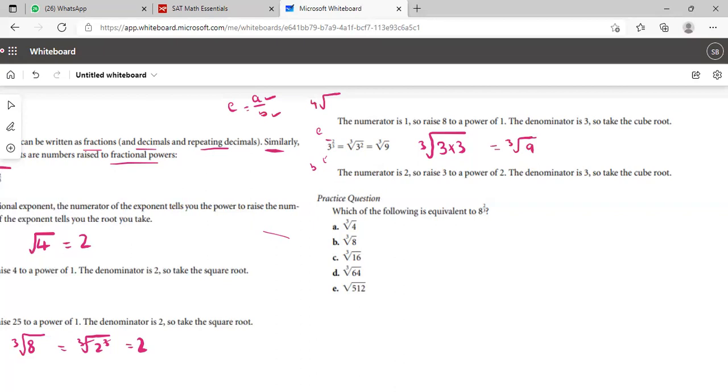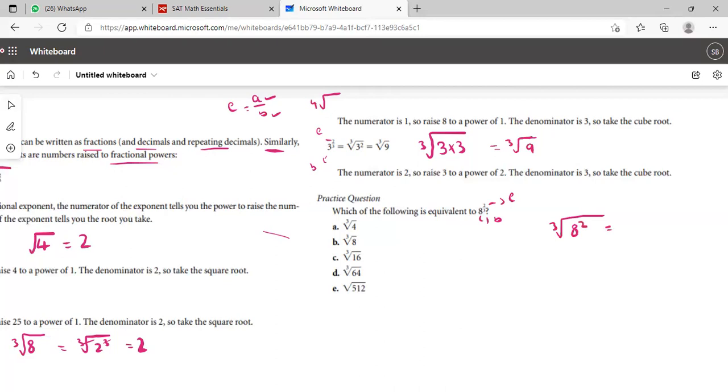Which of the following is equivalent to 8^(2/3)? Now 8 is the base, this is the exponent, and this basically means that we will be having a cube root. This 3 in the denominator is telling us this is a cube root, and we would have 8, and this 2 is telling us 8 squared, right?